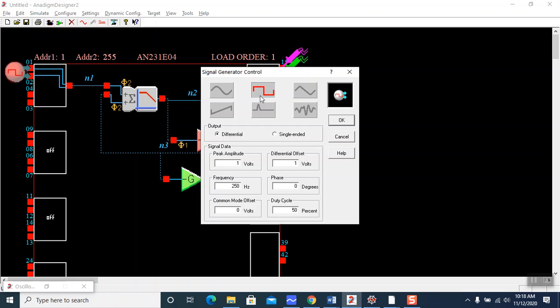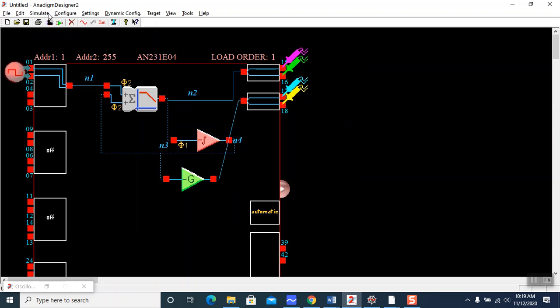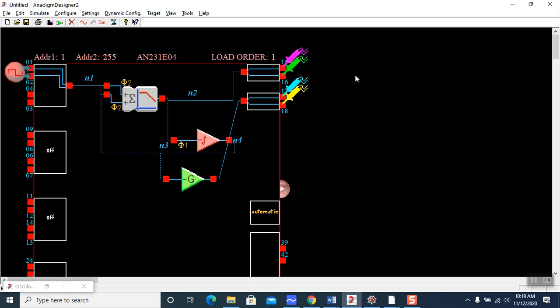Now, in order to see the whole thing, it's better to have a square wave. So I have a peak of 1 volt and a differential offset of 1 volt, frequency of 250 hertz. And then we simulate for several periods. I'm doing 8 milliseconds here.